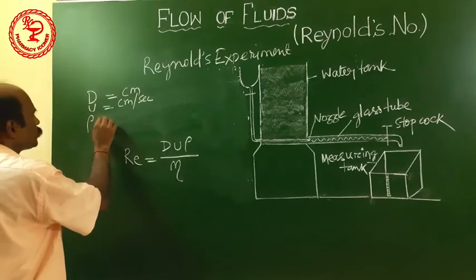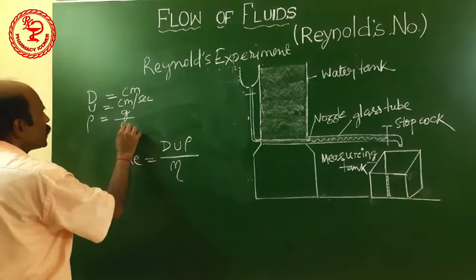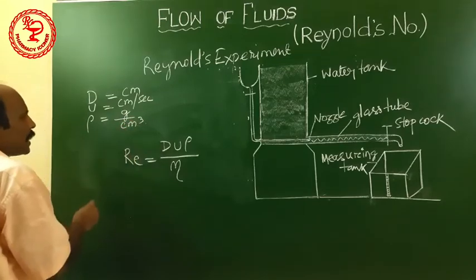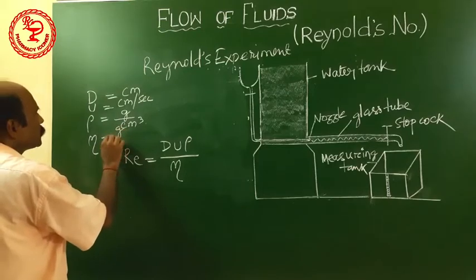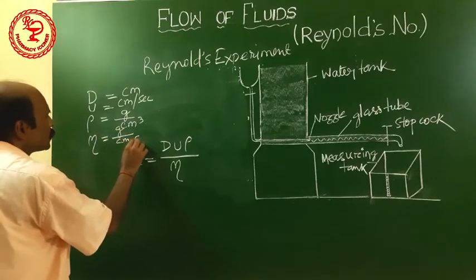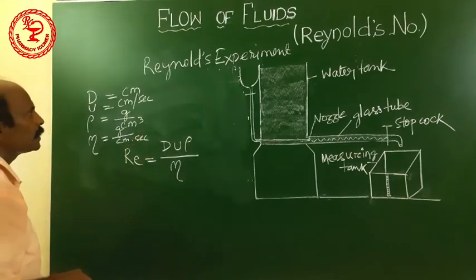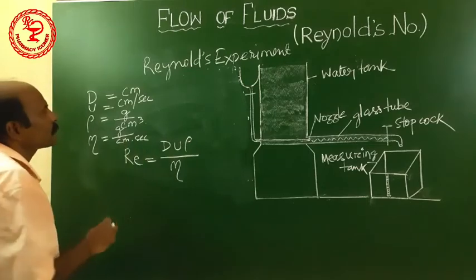Rho is in grams per centimeter cube, and viscosity is in grams per centimeter second.